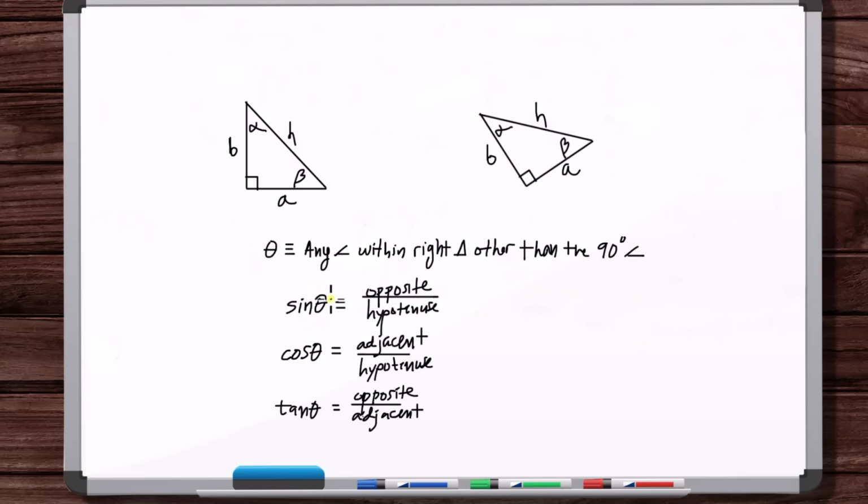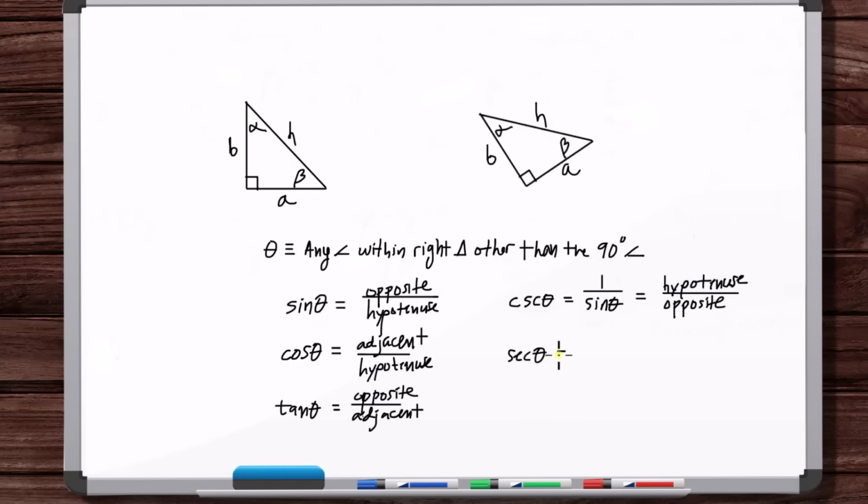So it's a little confusing because you would think that cosecant would be the reciprocal of cosine, but it's actually cosecant is going to be the reciprocal of sine. So it's going to be hypotenuse over opposite. You just flip this. All right.